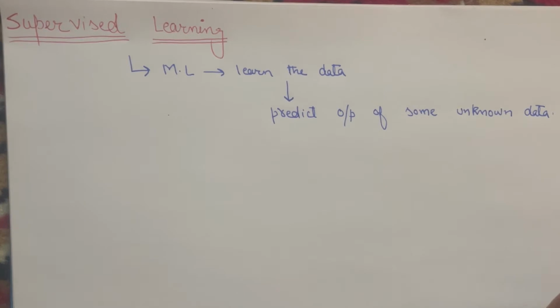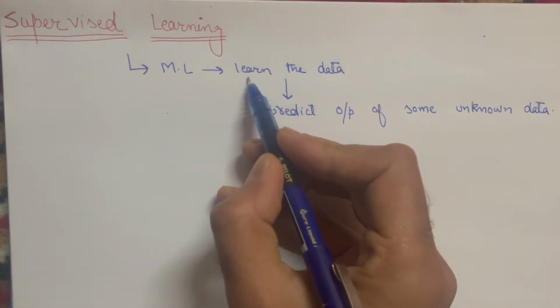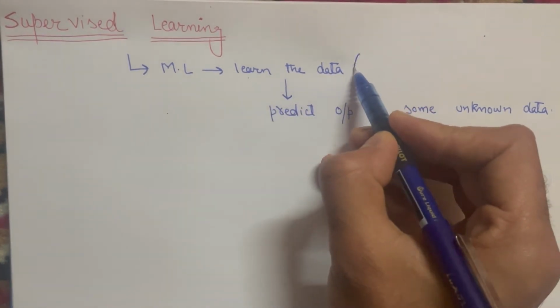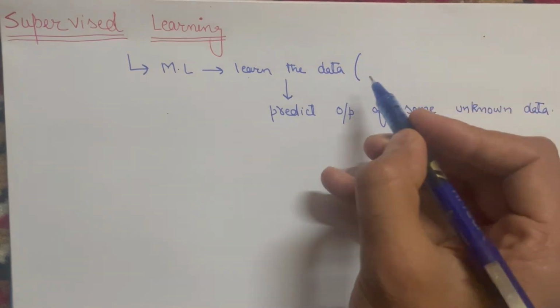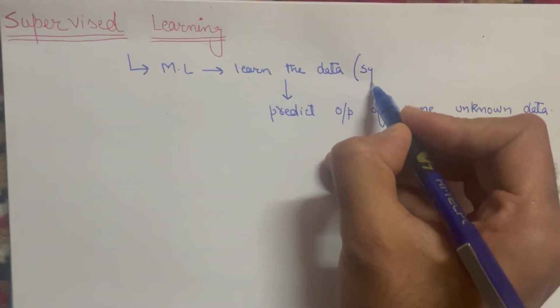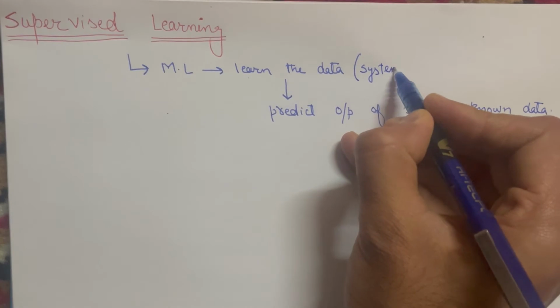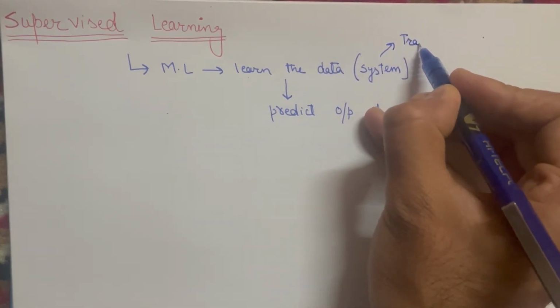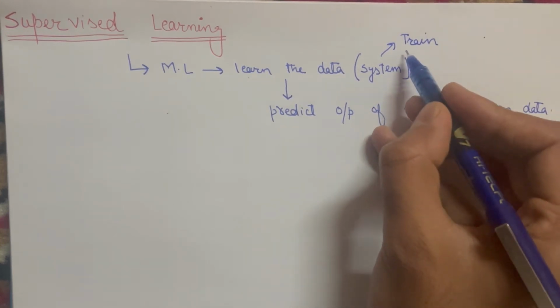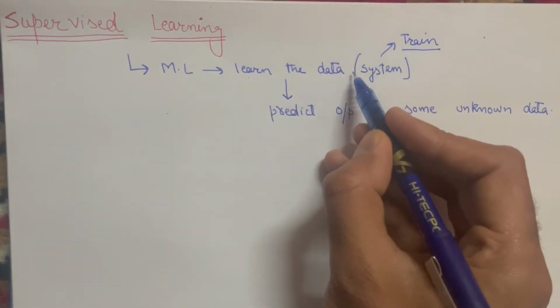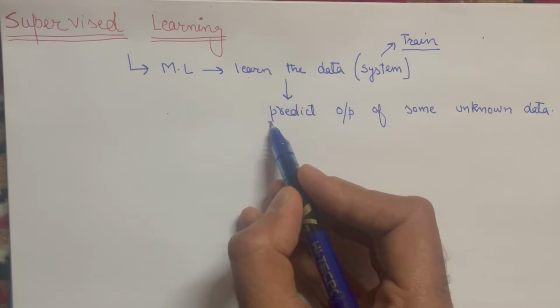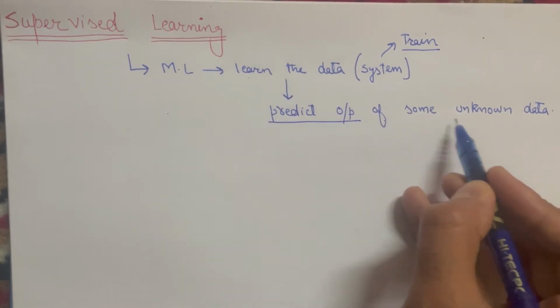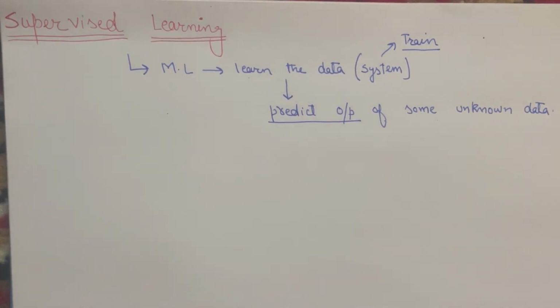So we have to first learn the data, or we can say the system that we are developing, we have to train that particular system. After training the system, we will use that trained system to predict output of some unknown data.